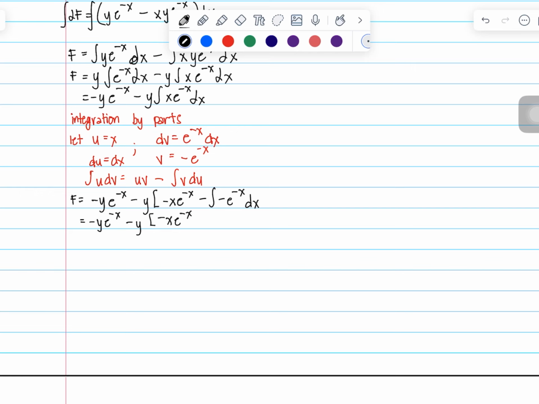Okay, let's take out the negative sign first. So what is the integral of e to the negative x?